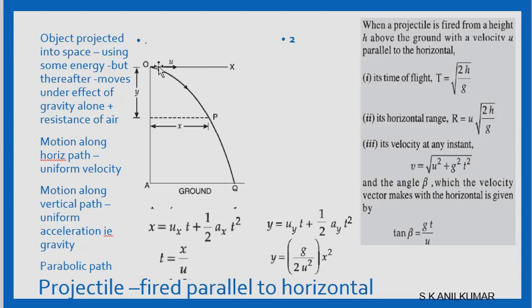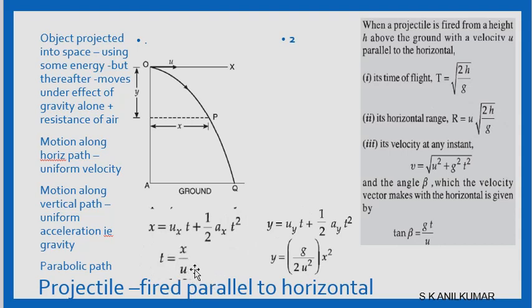For example, if you are sitting in a plane and firing a missile, to know where it will go and hit: x equals ux into t plus half into ax into t square. Initial velocity into time plus half into acceleration into t square, where acceleration we take as gravity. That is why t equals x by u initial.